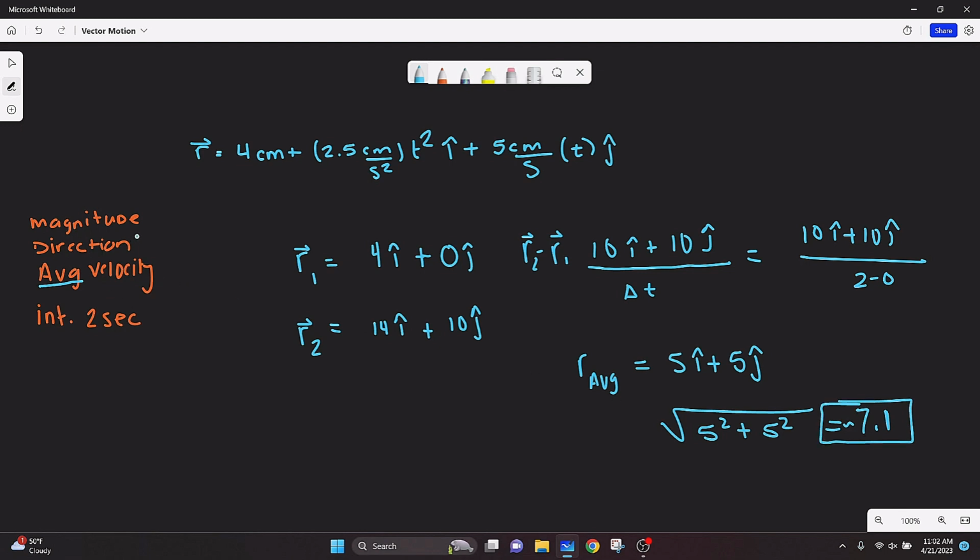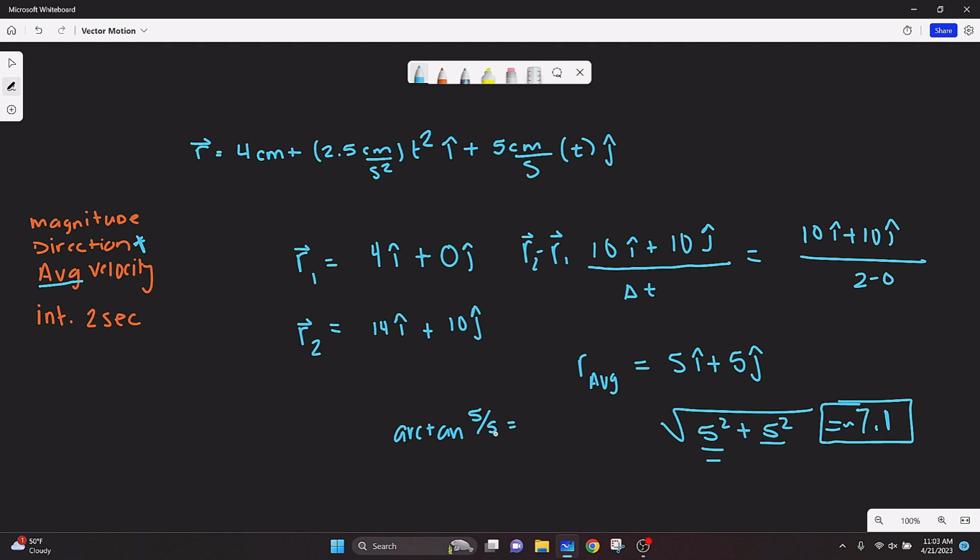But we also want the direction. So we would take the arctangent of 5 over 5, because we want to know the angle, which is direction. We use our tangent function, the ratio of the sine over the cosine, or the y over the x.